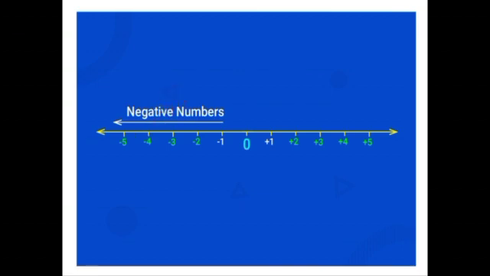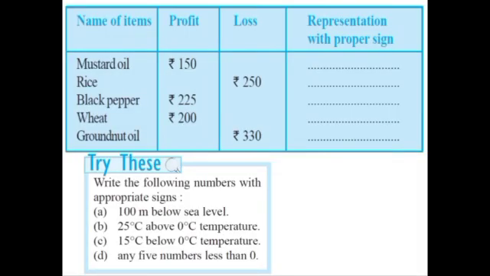Why should we learn integers? Mathematically, profit is considered as positive and loss is considered as negative. What is the representation of a profit of rupees 150? This is plus rupees 150. How can we represent a loss of rupees 250?